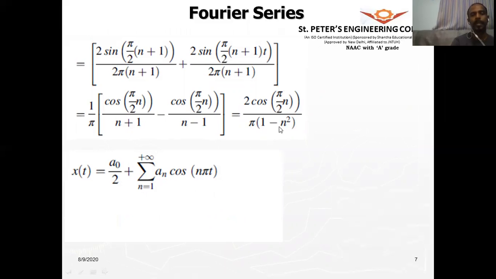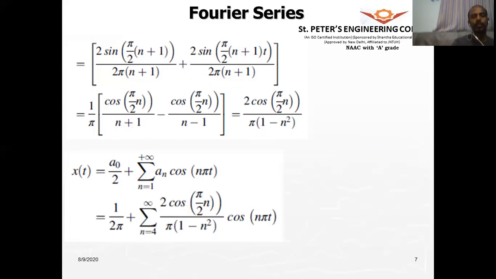n square. So once we put this into the trigonometric Fourier series formula, x of t is equal to a naught by 2 plus sigma n equals 1 to infinity a n cos n pi t. So there we get the a naught value as 1 by pi.